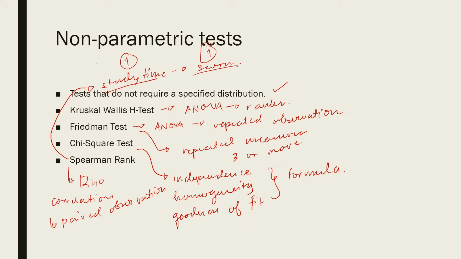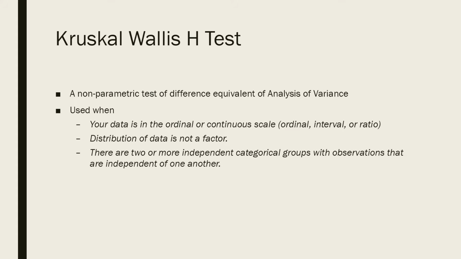Starting with our Kruskal-Wallis H test. Like I mentioned earlier, your Kruskal-Wallis H test is a non-parametric test of difference that is basically the equivalent of our analysis of variance, or the non-parametric test that is equivalent to our ANOVA.